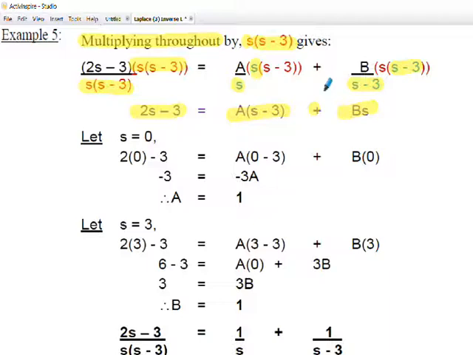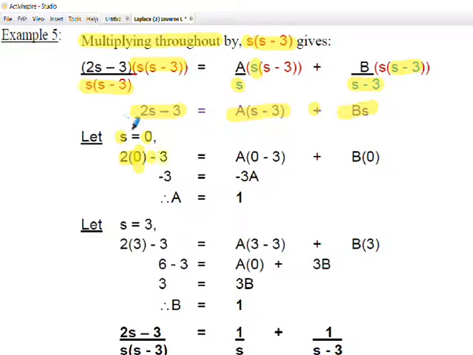To solve for the constants, the a's and the b's, what we do now is choose a value of s that makes either the a term go to 0 or the b term go to 0. So for example, if I let s equal 0 and I put s into all the expressions, I will find that the b term will disappear and I'll be able to solve for the a term. So that's what I'm going to do. So 2 times s will now be 2 times 0, so that term will disappear.